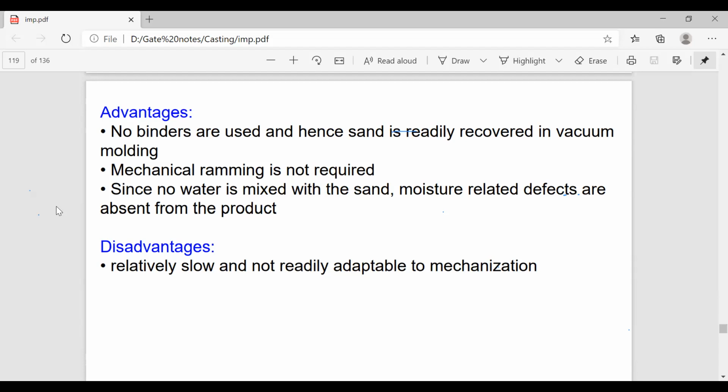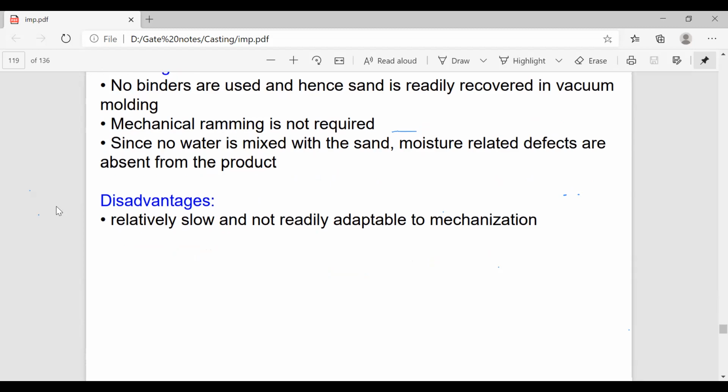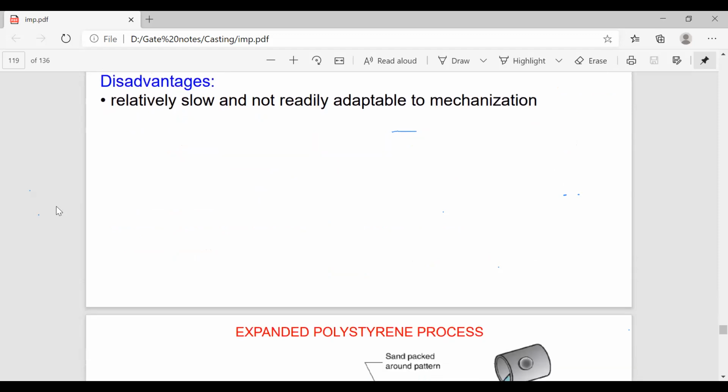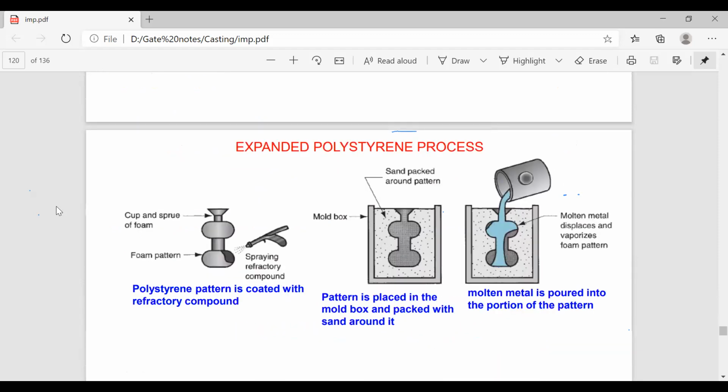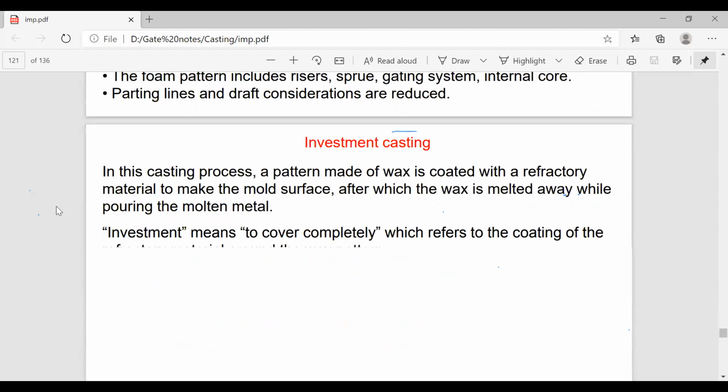Otherwise, if binder is there, then definitely we have to separate the binder. Here mechanical ramming is also not required, because of the vacuum pressure. And the disadvantage is it is relatively slow as compared to other processes.